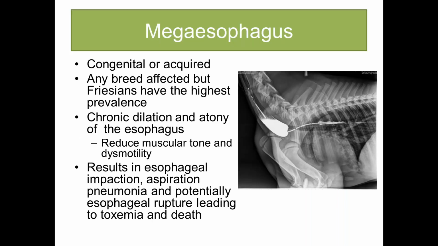So in the Frisians, certainly megaesophagus, and I know a lot of you probably know quite a bit about this, can affect any animal, but it can be congenital.